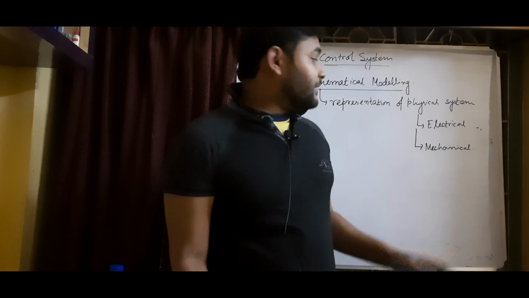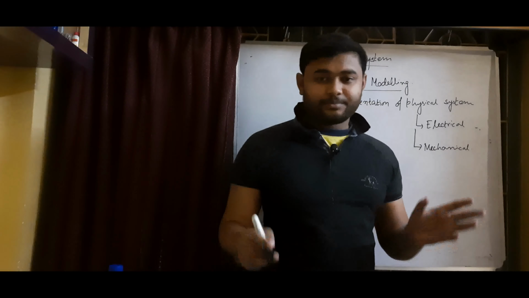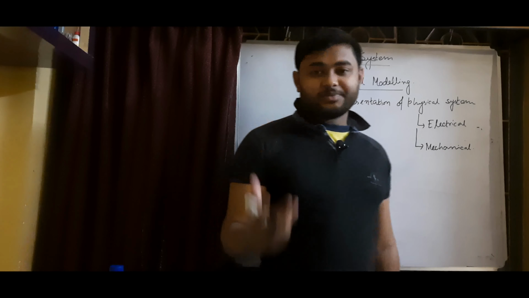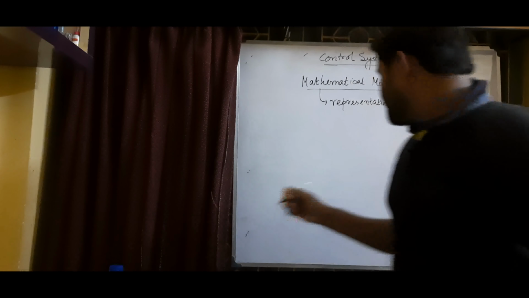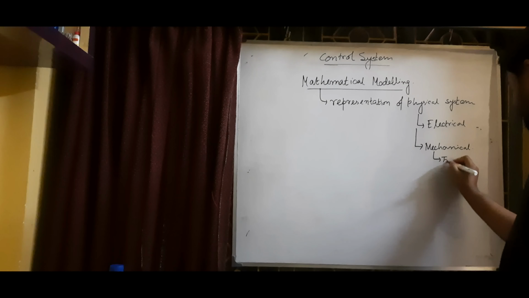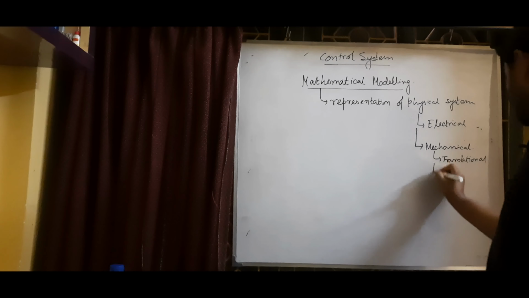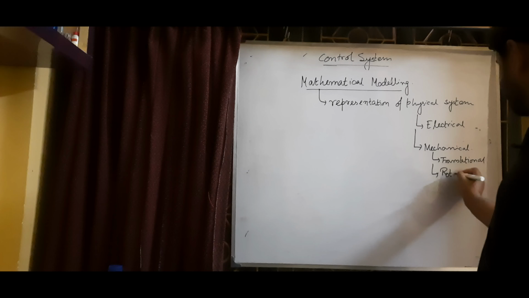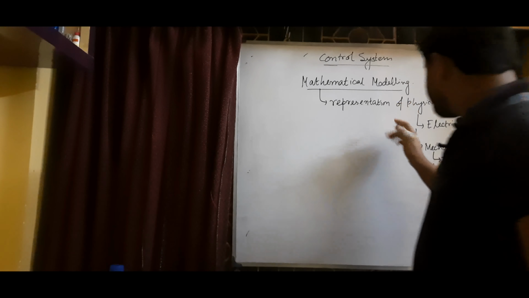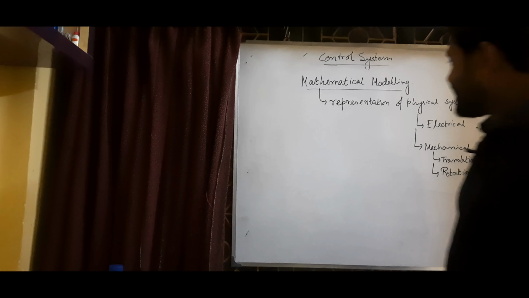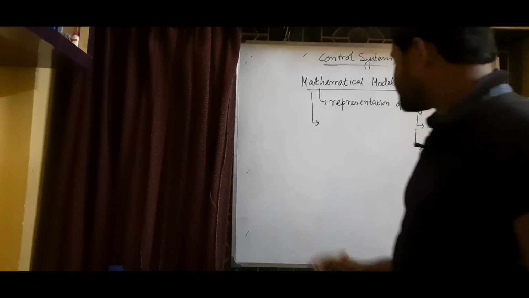Though the lectures will be mainly focused on electrical systems, we will see some examples of mechanical systems, some mass spring damper system, and some rotational system, that is some translational system, and some rotational. And what is mathematical representation, we will learn in the whole lecture series.